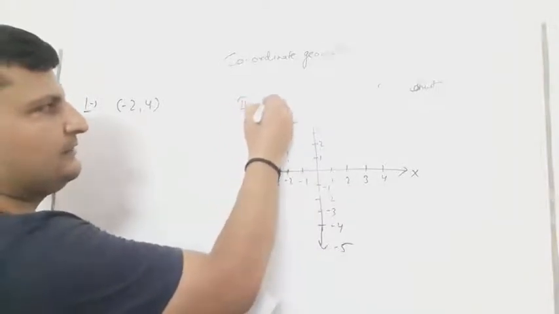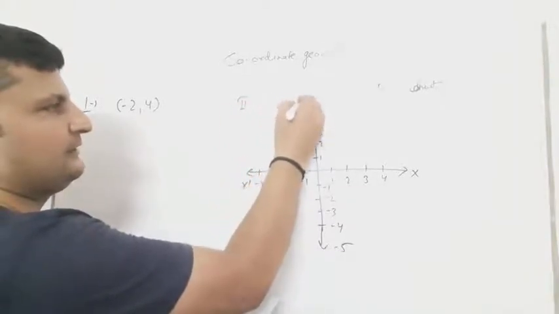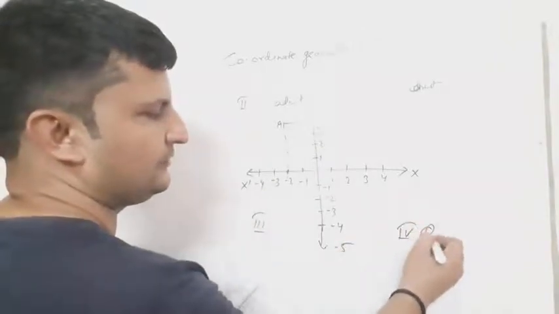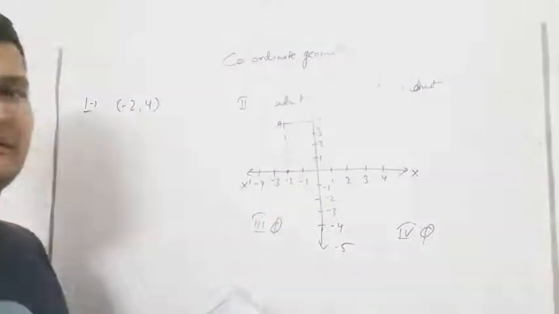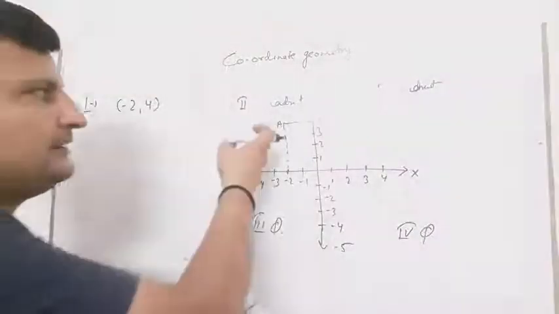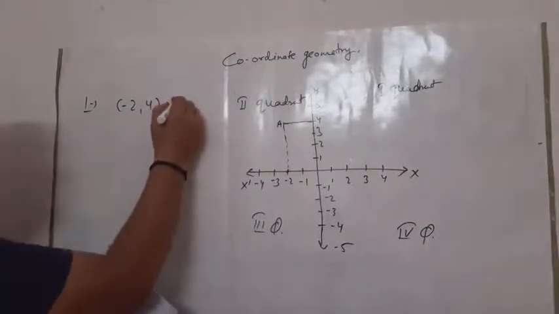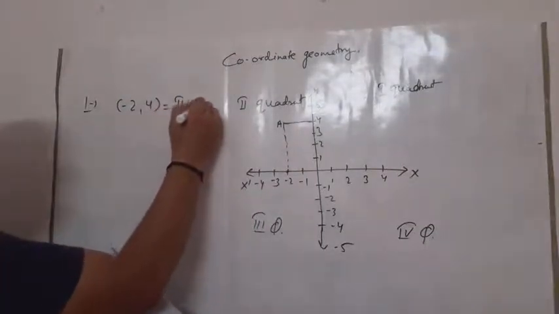This is called second quadrant, this is called third quadrant, this is called fourth quadrant. So in which quadrant is this point lying? We can write (-2, 4) lies in the second quadrant.